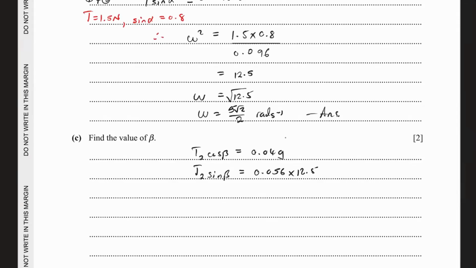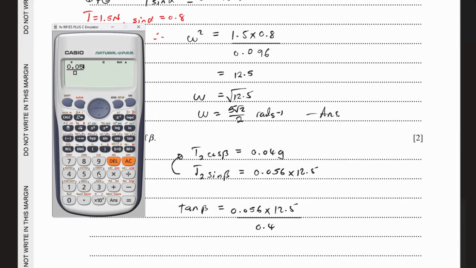So basically, if we divide these two equations, we get tan beta is equal to 0.056 times 12.5 divided by 0.04 G, which is 0.4. Okay, let's type that in. 0.056 times 12.5 over 0.4, which is 7 over 4.